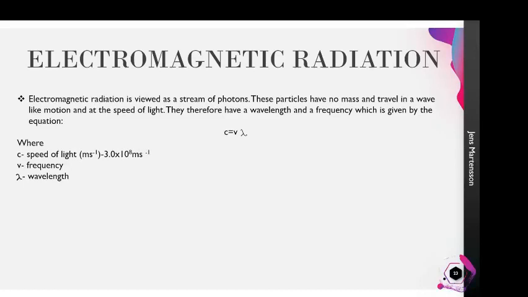Because they travel in a wave-like motion, they are given a wavelength and a frequency, and this is given by the equation c = vλ, where c is equal to the speed of light, which is a constant, 3.0 × 10^8 meters per second. We have v, which represents the frequency, and λ, which represents our wavelength.